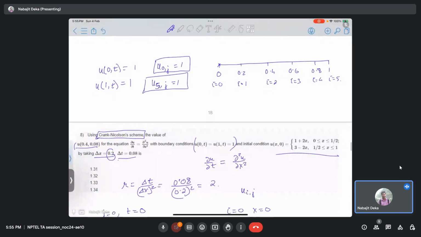Then the initial condition that is given is u x comma 0 equals 1 plus 2x for 0 to 0.5, and 3 minus 2x for 0.5 to 1.